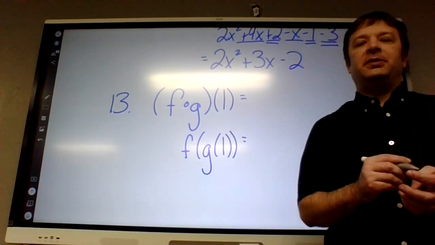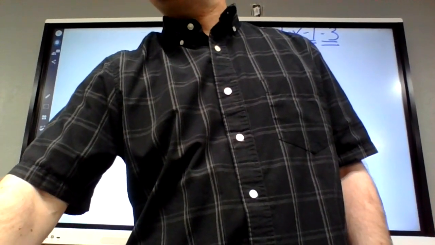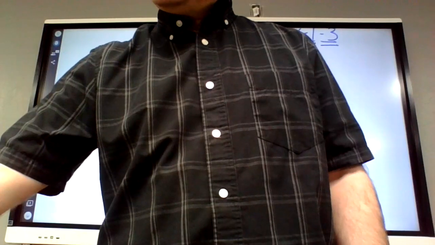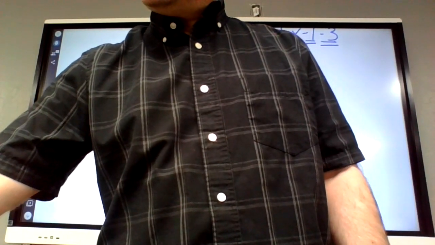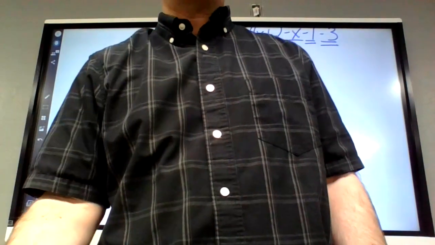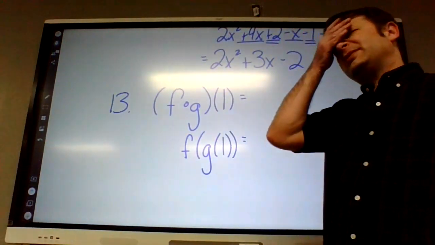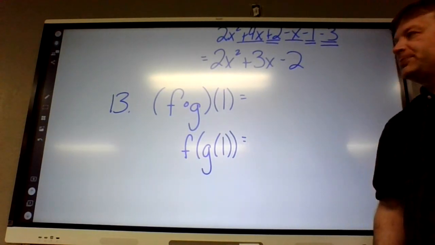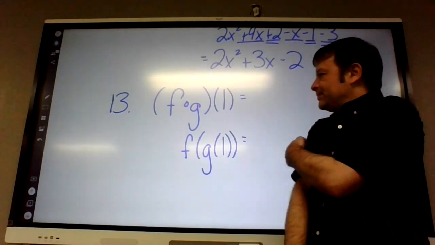You have to do the h function, the 2x squared minus x minus 3 times 3x minus 4. It's not a FOIL, it's a double distribute problem.